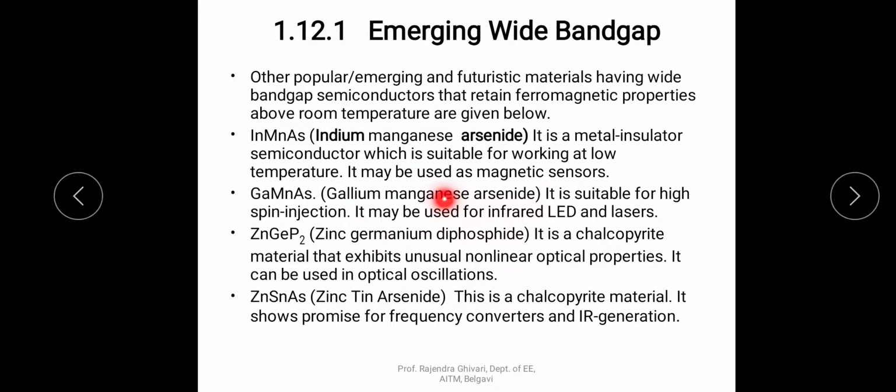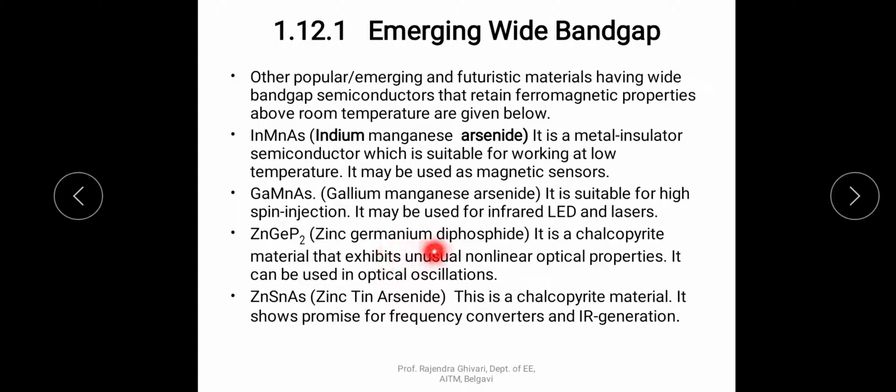It may be used as a magnetic sensor. Gallium manganese arsenide, or you can say gallium arsenide compounded with manganese, is suitable for high spin injection. It is used for infrared LEDs and lasers.